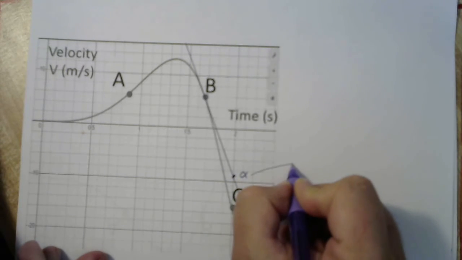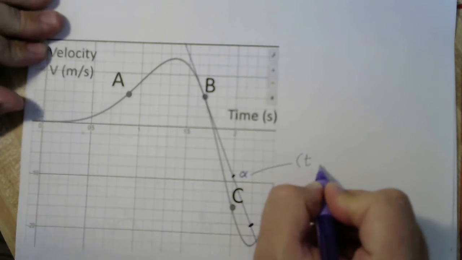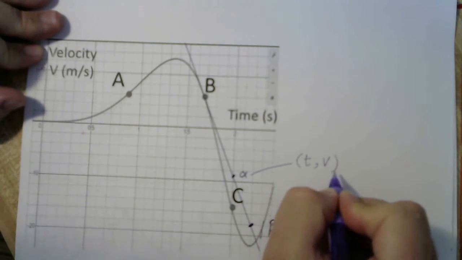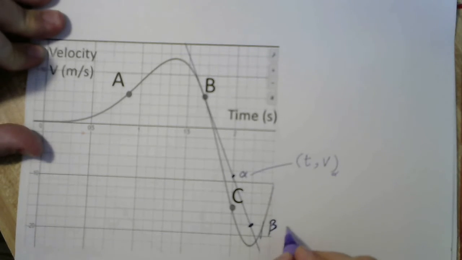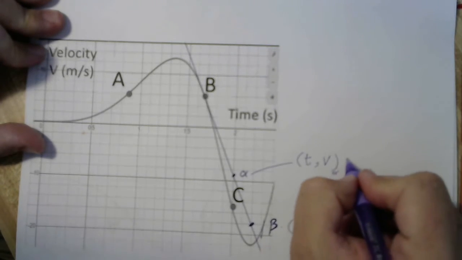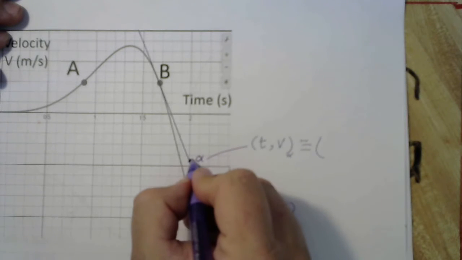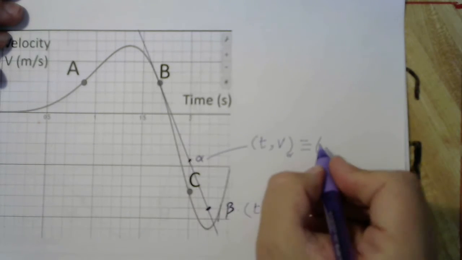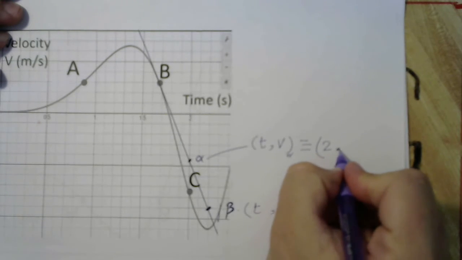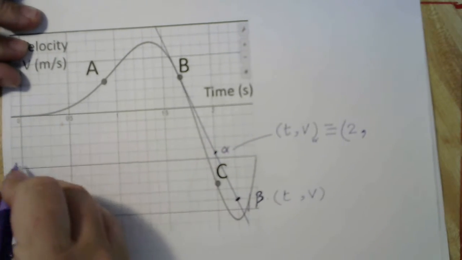At alpha, I have t versus velocity at alpha, and at beta also I have t versus velocity at beta. What is the time at alpha? It is 2 seconds. What is the velocity at alpha?